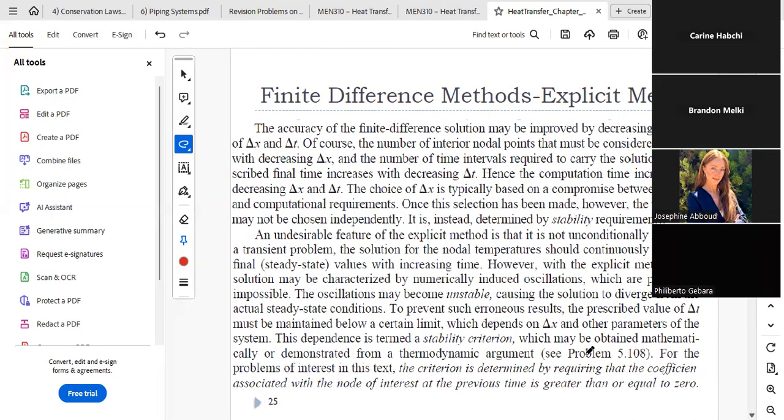Okay, so the accuracy of the finite difference solution can be improved by decreasing values of delta x and delta t. In general, smaller steps in time and in space will give a more accurate solution. Of course, the number of interior nodal points must be considered, as it increases with decreasing delta x.